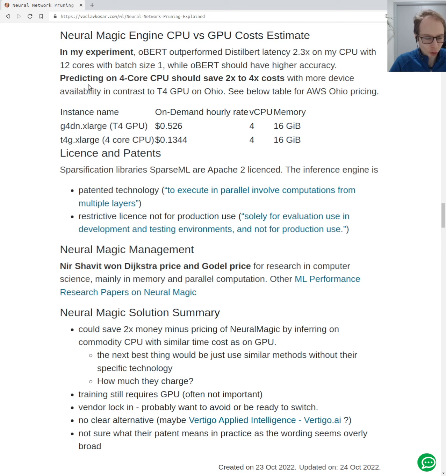And also based on the pricing in Ohio, if we are comparing this T4G XLarge with G4DN XLarge, which has a T4 GPU, the cost cut could be twice or 4 times the cost. I'm not exactly sure how much it could be, but this is the kind of savings that potentially can be gained.